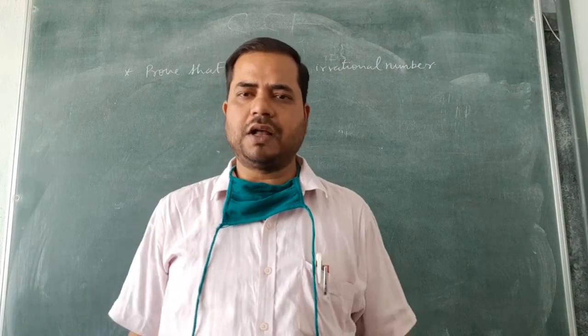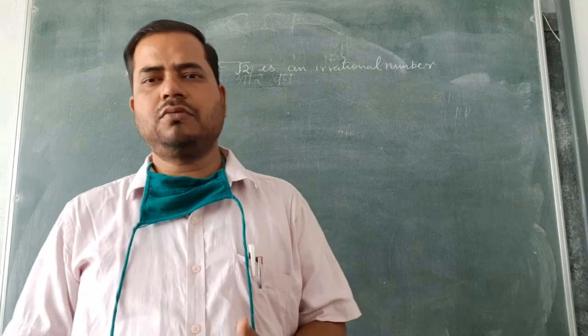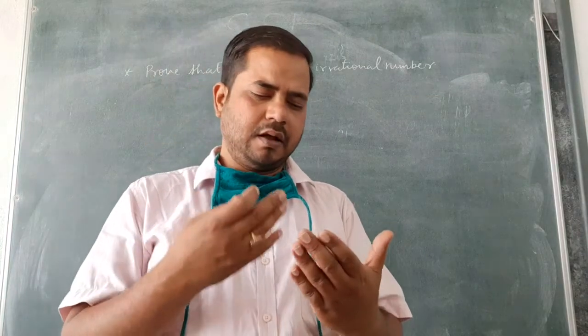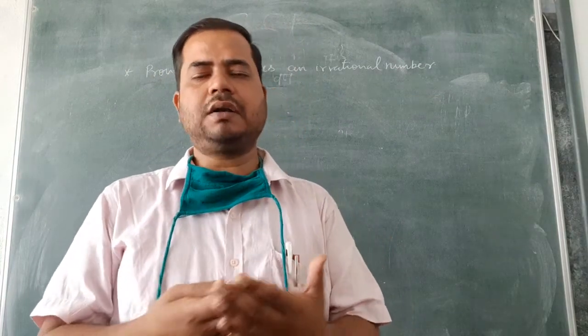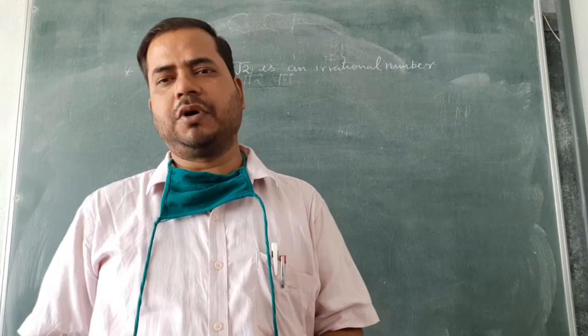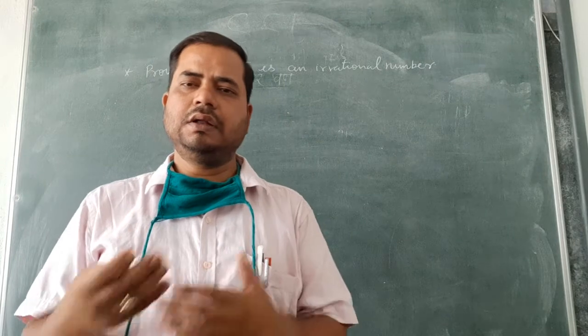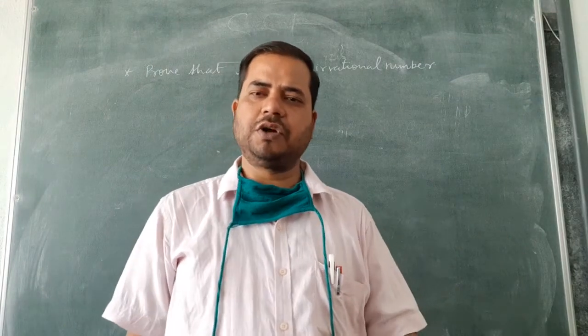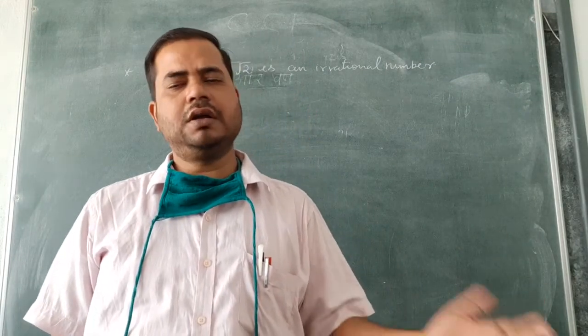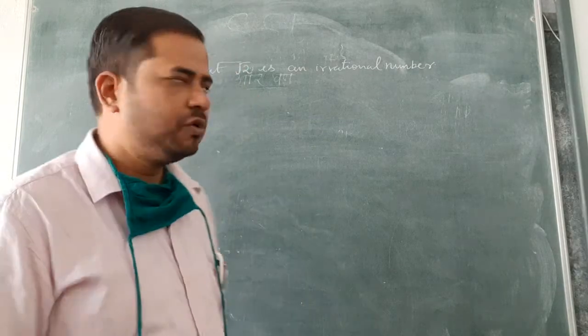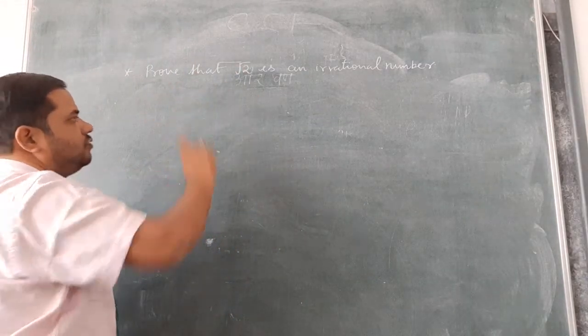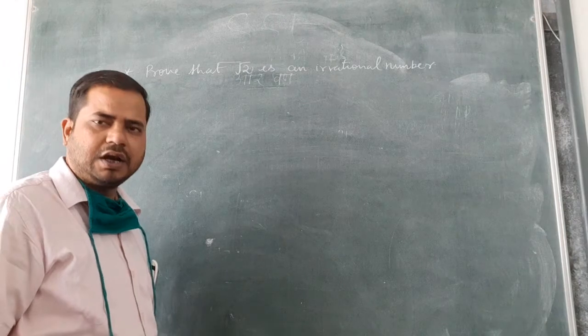In this method, we suppose that root 2 is a rational number, and then find a contradiction, showing that this number is not a rational number, it is an irrational number.